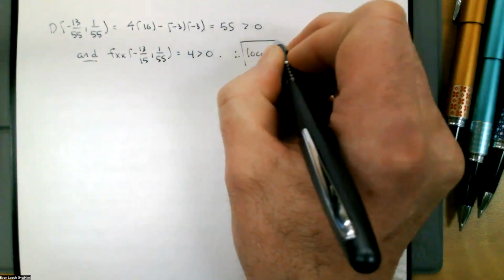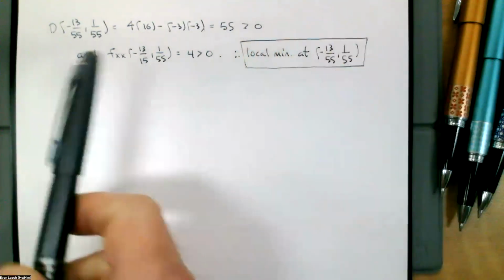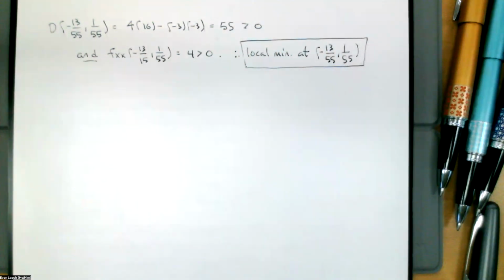Our critical point is going to represent a local minimum. It requires two things, not just the determinant of the Hessian matrix being positive, but also fxx to be positive. That's enough to conclude there's a local minimum.